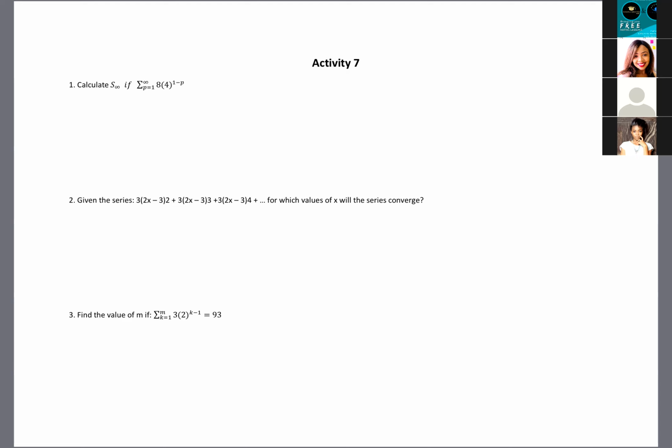I found my M as 5. Perfect. That's really good. M is equal to 5.